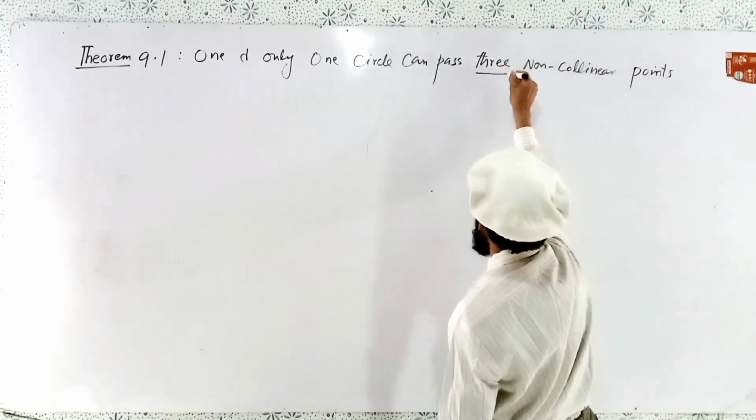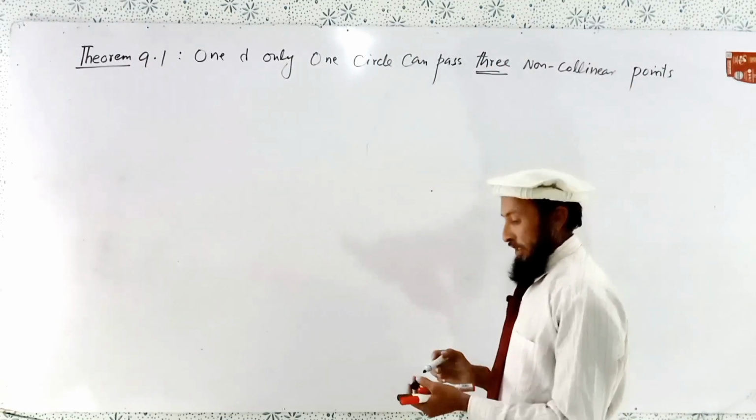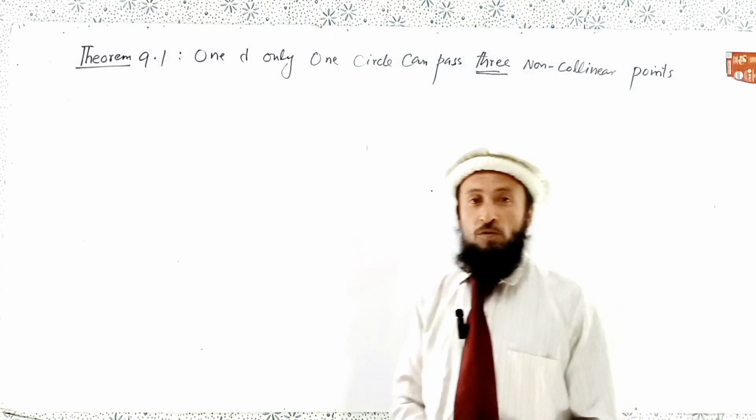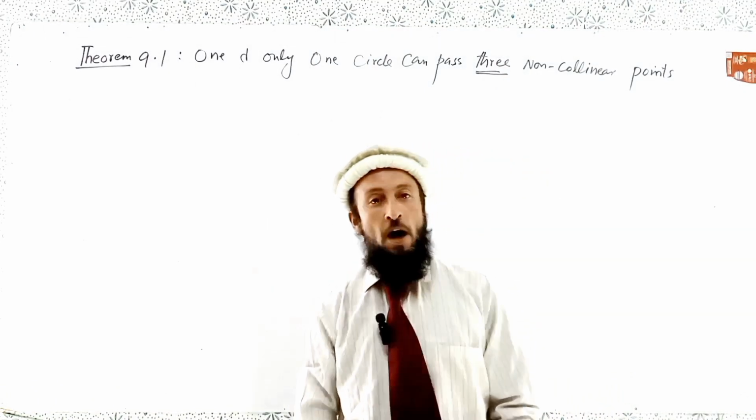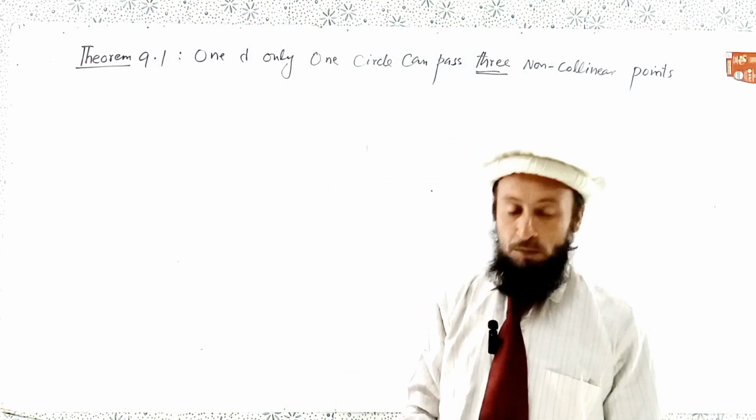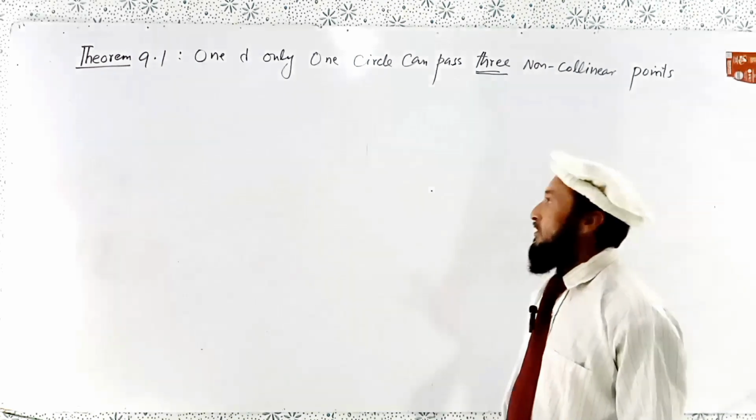Three non-collinear points. First of all, we understand what collinear points are and what the difference is between collinear and non-collinear points.